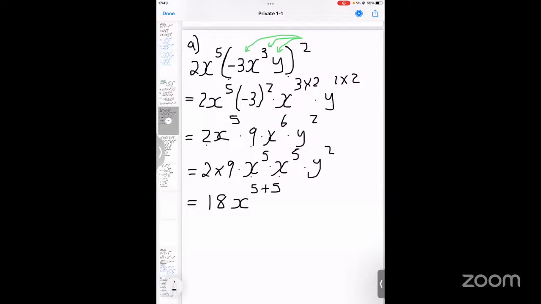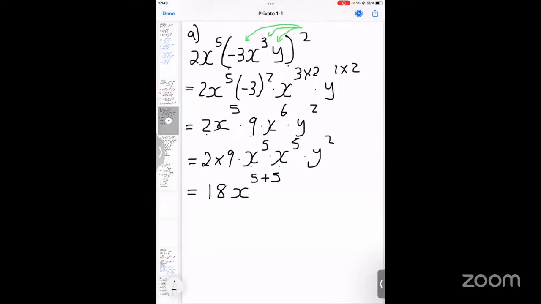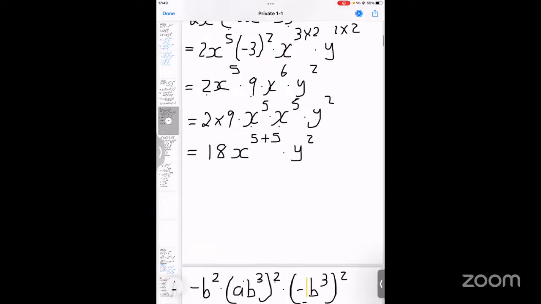You add the exponents. You remember that law 1? Yes, I remember. Then this one has its own base. So that means you end up having 18x to the 10 and then y squared.